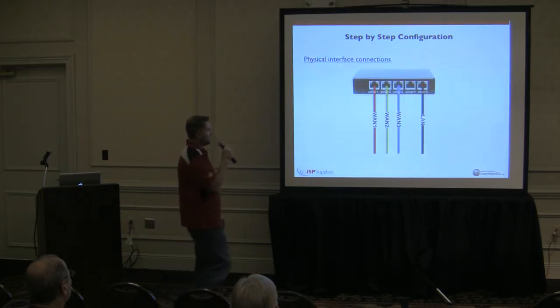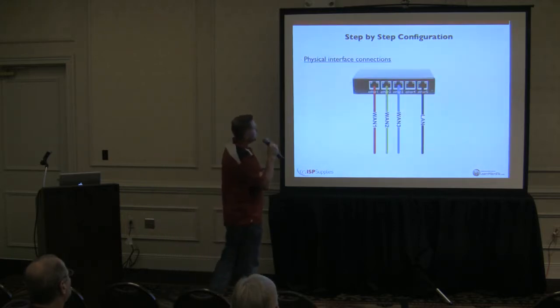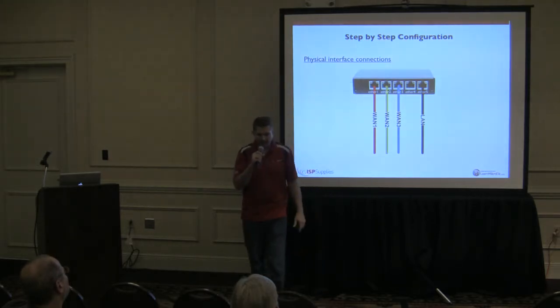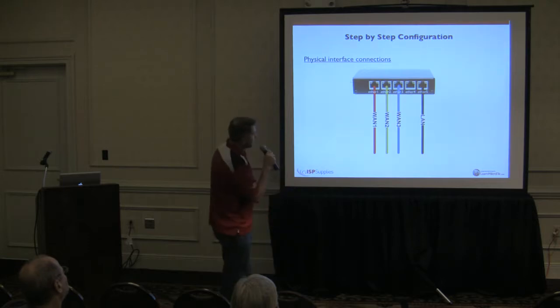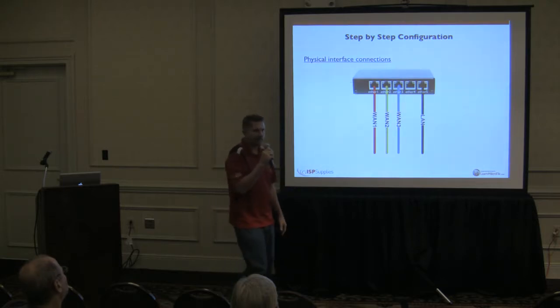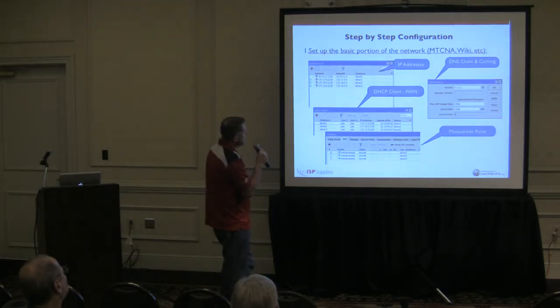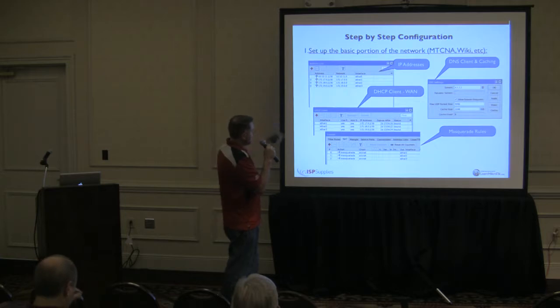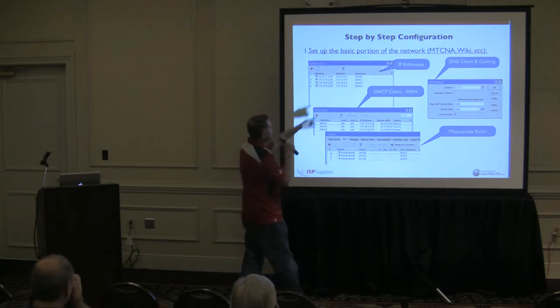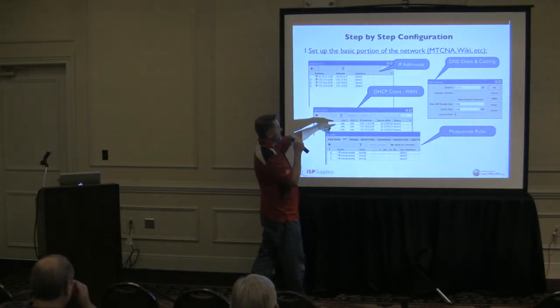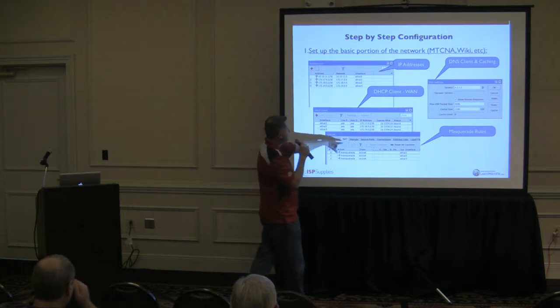So here is how we physically connect our router. We have 3 WAN connections that will connect to ether1, ether2, and ether3. We won't use ether4, and ether5 is going to be our LAN connection to our clients. This is what I described to you previously in number 1, the initial setup that you have to do on any device to deploy it at a customer location. You have to set up IP addresses. Possibly you're going to use DHCP for your WAN addressing.